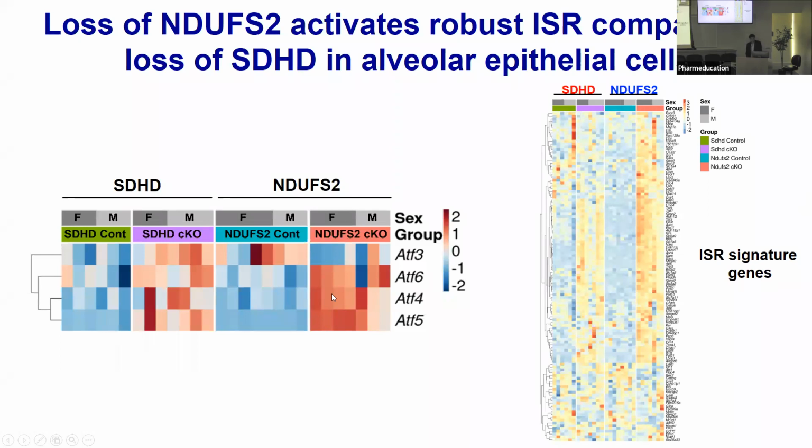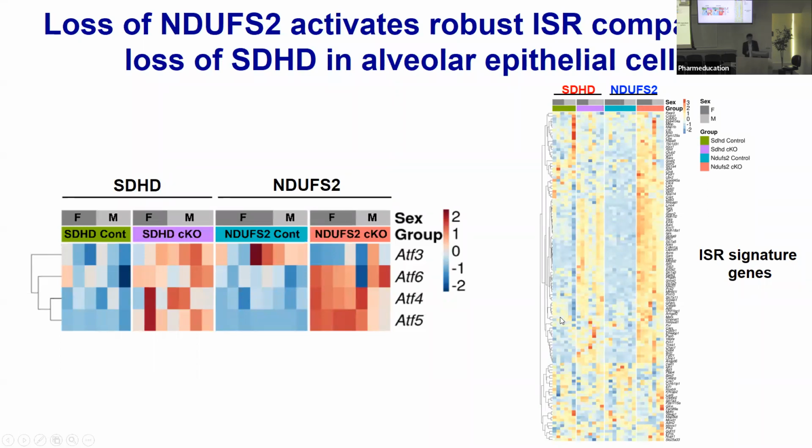And you can see the NDUFS2 really have a marked increase in ATF4 and 5 compared to the SDHD. So this is an integrated stress response score of all the genes. Compared to their wild type, you can see some increase clearly of the ISR signature in the SDHD null, but much more robust in the NDUFS2 knockout compared to its control.